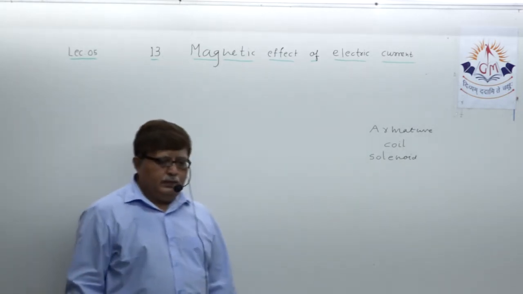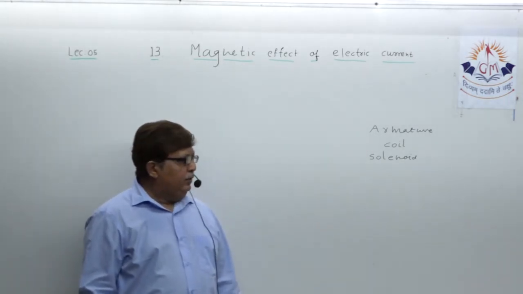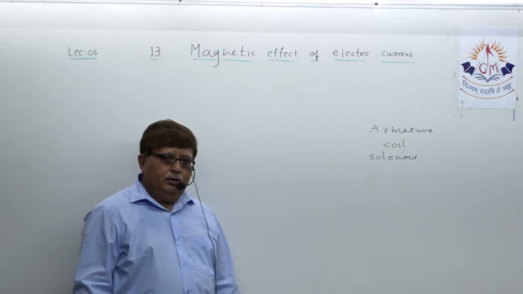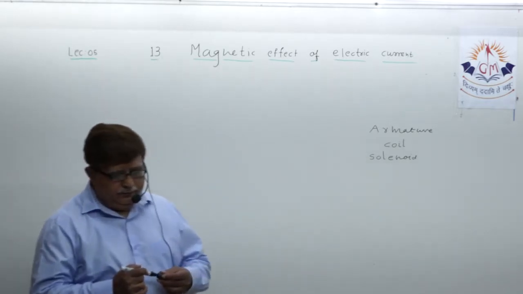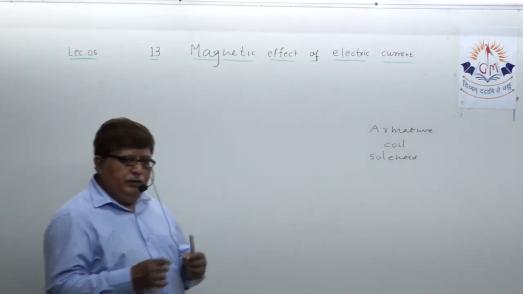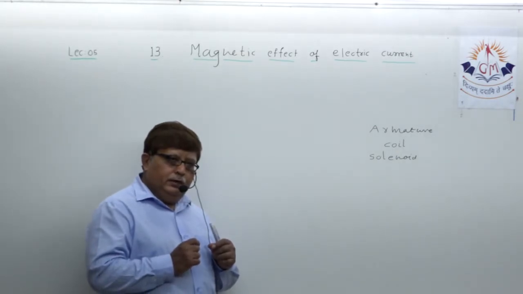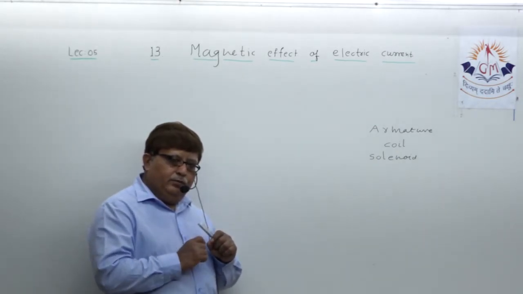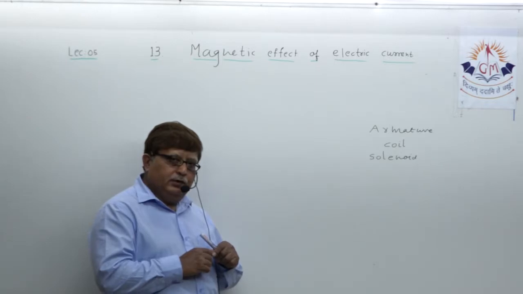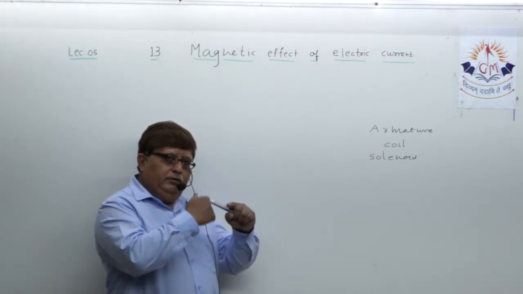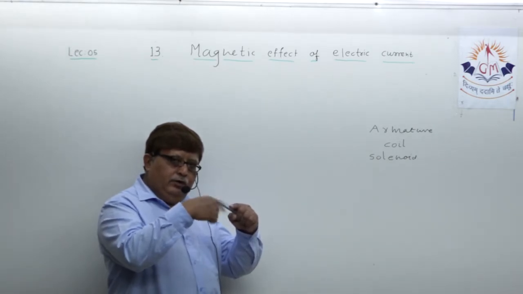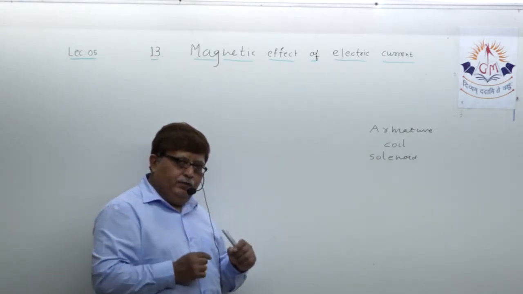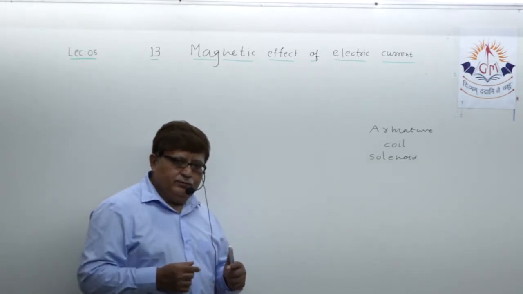How armature, coil or solenoid are made, you know. You have to take any hollow metallic type of cylinder on which insulated copper wire is wound around it, that forms the armature.